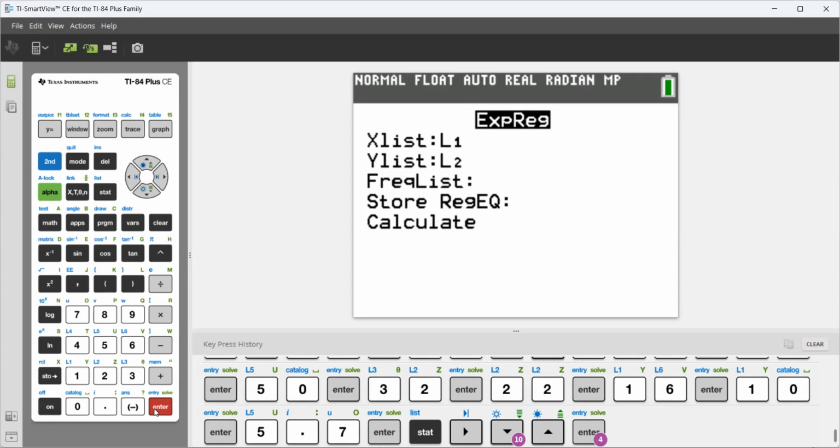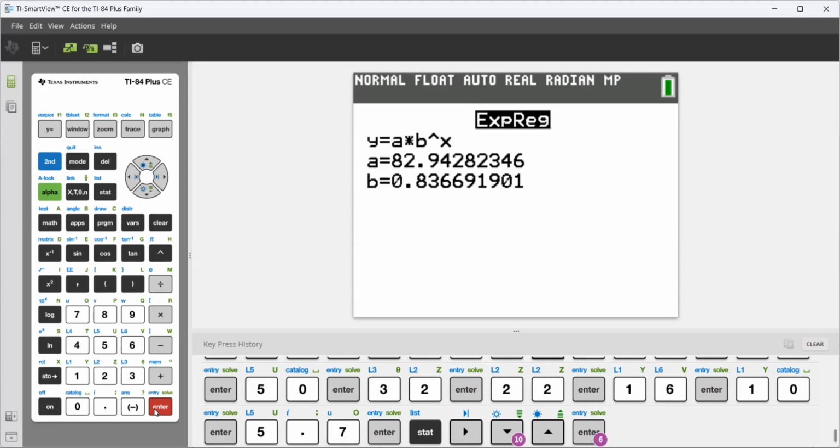But for now, I don't want to do that. So enter, enter. Oh yeah. So b is 0.83669. So that is a decreasing or decay function. And then my a is 82.943.